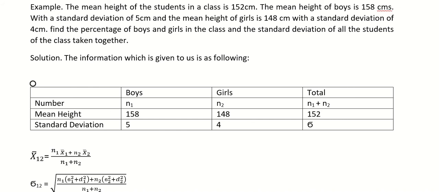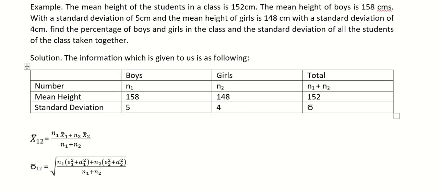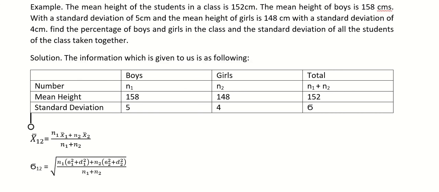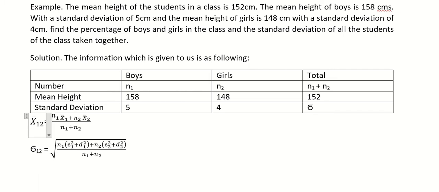Now let us see from the question what all values are given to us. If we see the mean values, we are given mean 1, mean 2 and the combined mean. So let's just put these values into the formula.